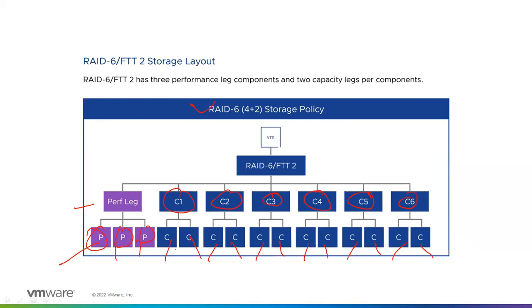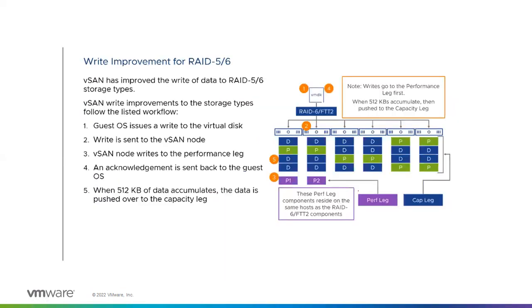Again, I repeat, there is no redundancy between this child and this child. If my C1 is 10 MB, then 5 MB is here and 5 MB is here. The redundancy I get is at this level, like data, parity.